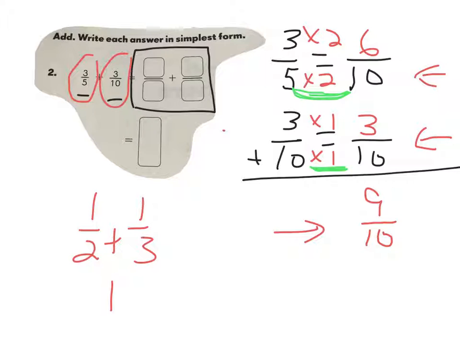Just going to draw a picture to support this. So if this is a half, right? And then a third of this shape might be, if you think about this shape, if it were cut into thirds, a third of this shape might be all of this space here.